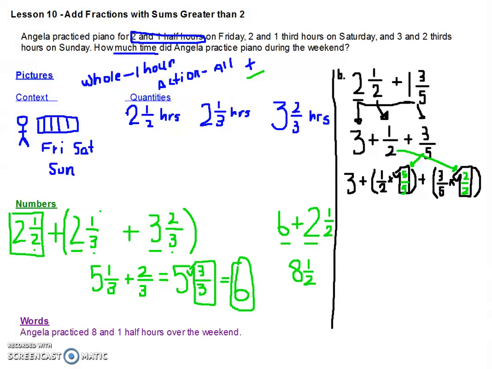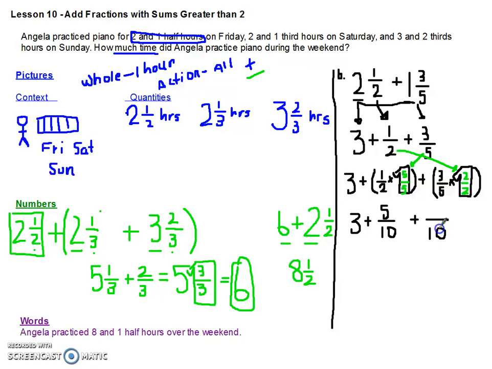So now we can create our like denominator fraction. So we have our 3 out here plus our new equivalent fraction. So our new denominator is 2 times 5, which is 10. And our numerator, 1 times 5, which is 5. Over here we'd have 5 times 2, which is 10.